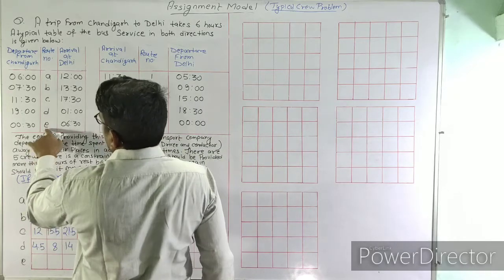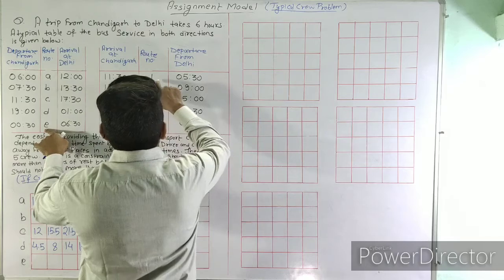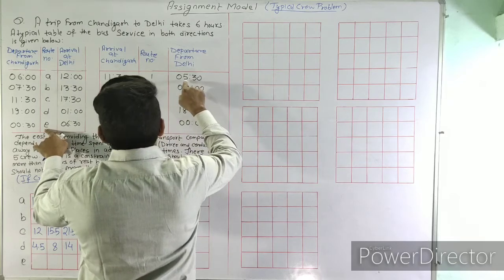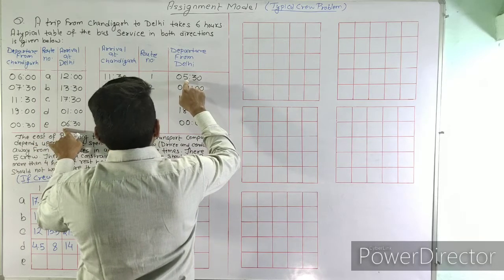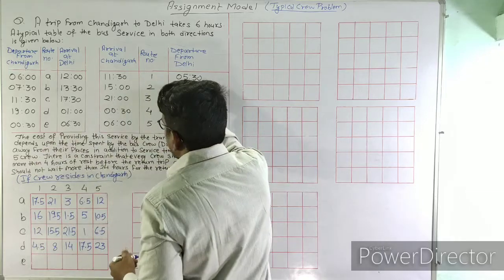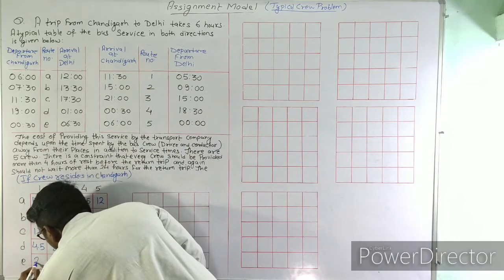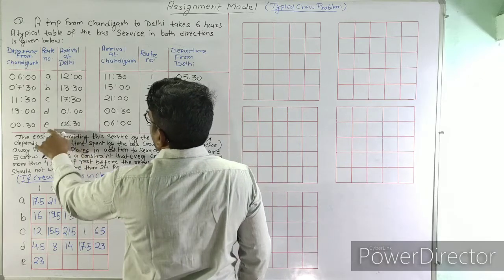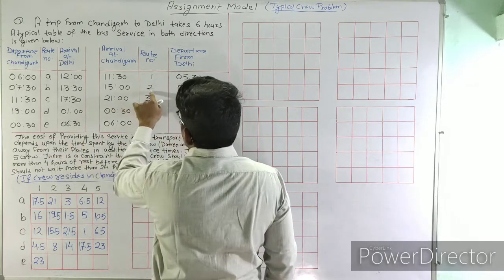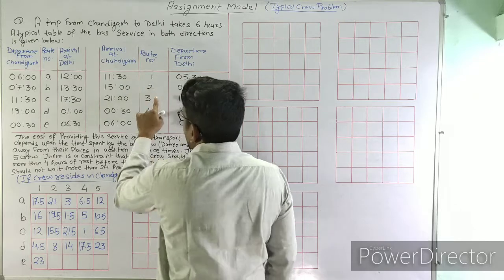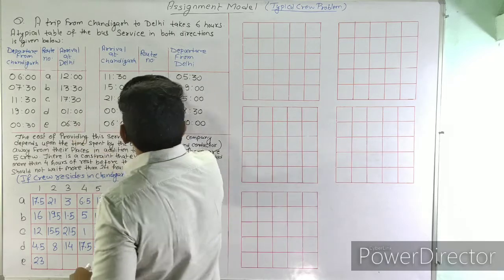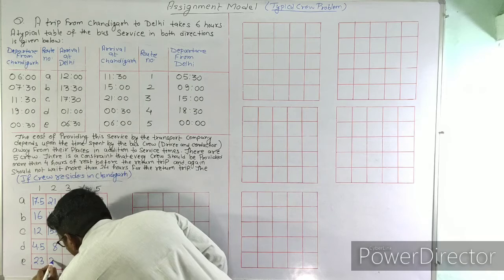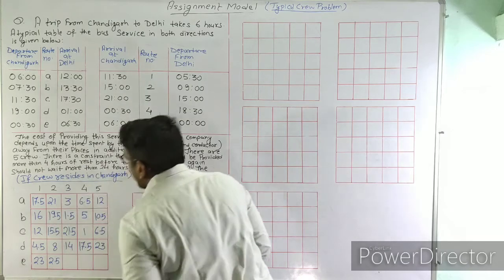So now if it arrives from route E and departs from route 1, so this will be 6:30 to 6:30 will be 24 minus 1, this will be 23 hours. And if it arrives by route E and departs by route 2, this will be 2.5 hours.